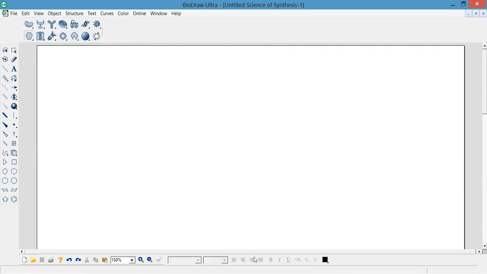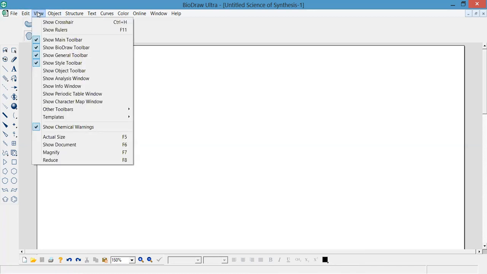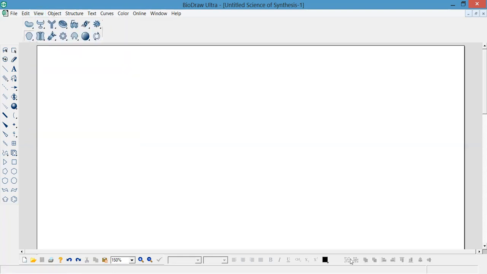These are utilized to modify the style of text, that is, centered, aligned, justified, bold, italic, underline, or subscript, superscript. You can change the color of this text also by using these colors. This is known as the style toolbar. Next is the object toolbar.